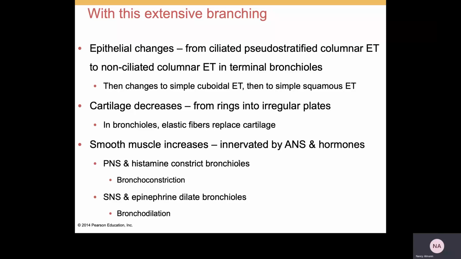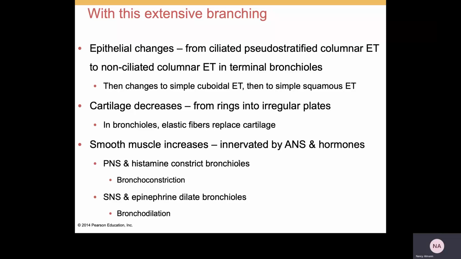The cartilage will decrease from rings in the trachea and the primary bronchi into irregular plates, and then once you hit the bronchioles, elastic fibers will replace the cartilage. What do you think the function of those elastic fibers is? You got it, because those bronchioles need to expand and contract, and those elastic fibers allow for that.